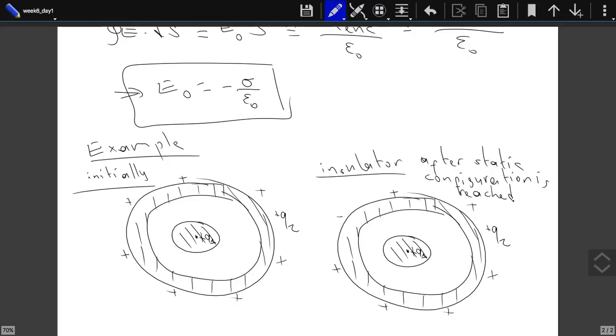That's it. Because we already determined the charge distribution from the initial conditions and the fact that this is an insulator. And once we determine the charge distribution, we calculate the electric field of that charge distribution.